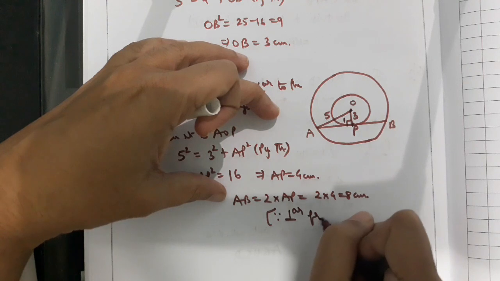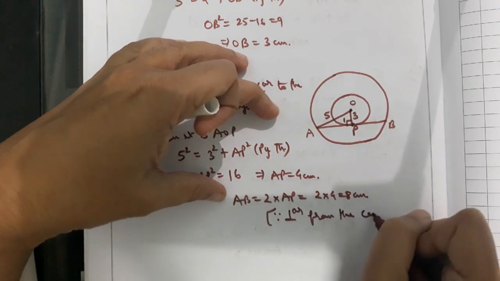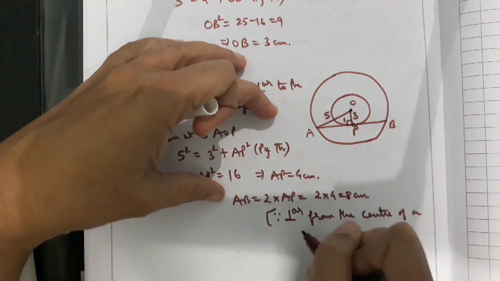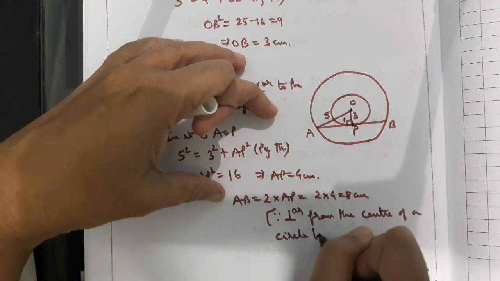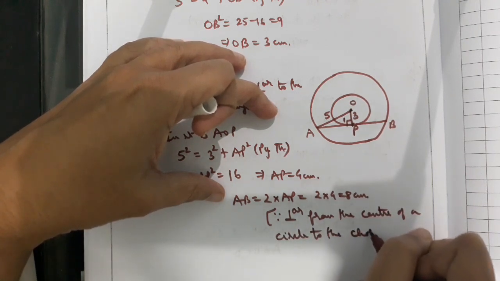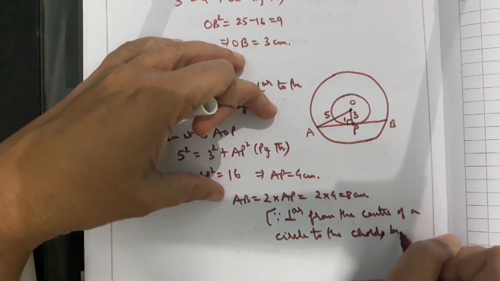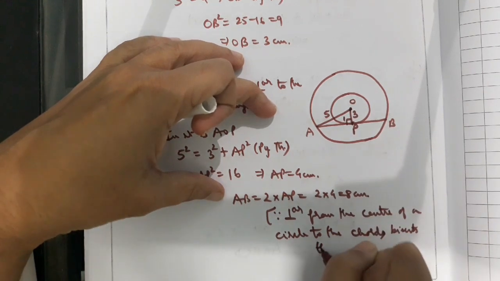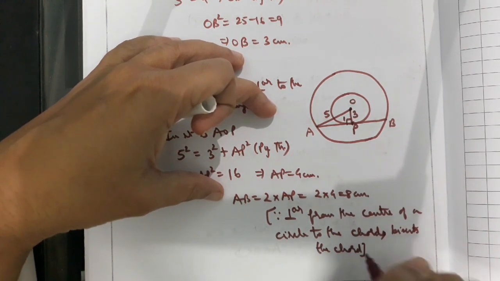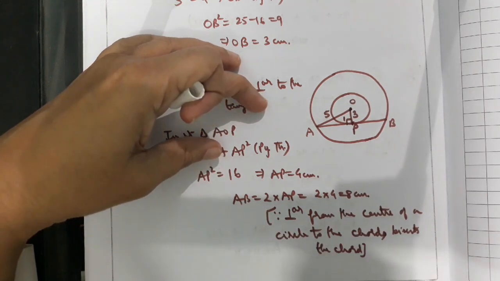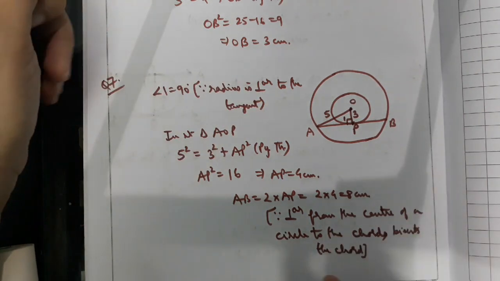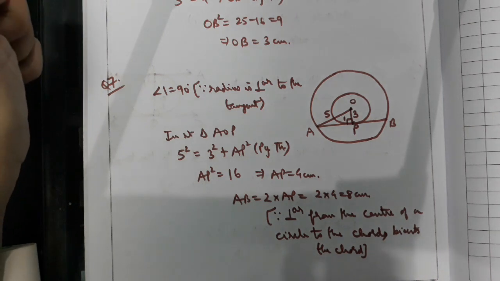Since the perpendicular from the center of a circle to the chord bisects the chord. So therefore AB is of length 8 centimeters, and though this is a simple question but it is an important question.